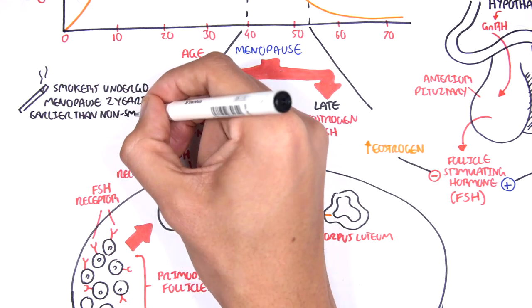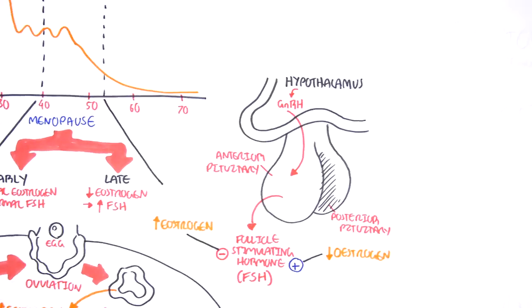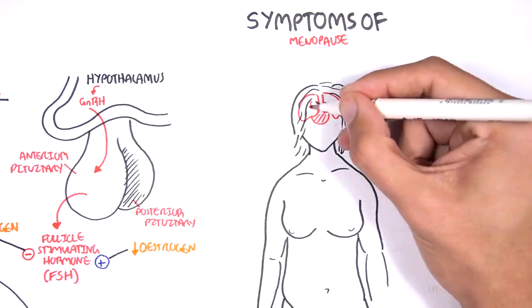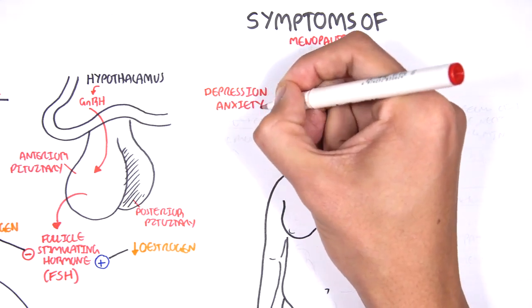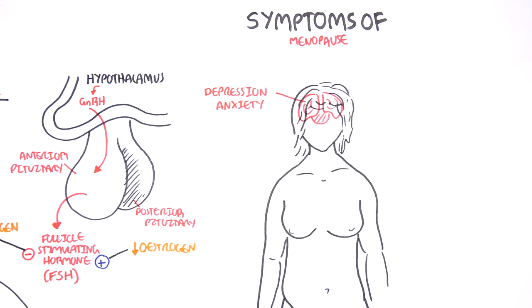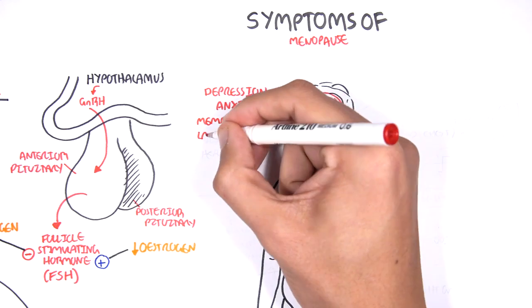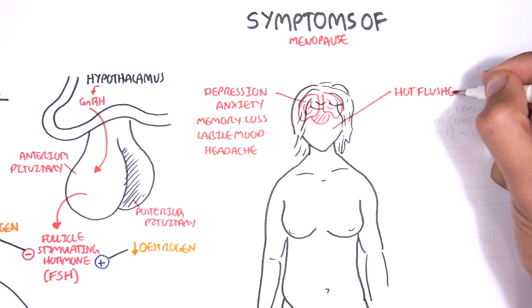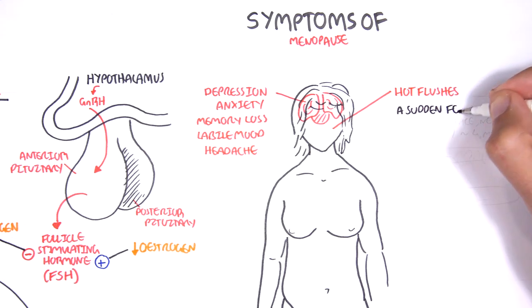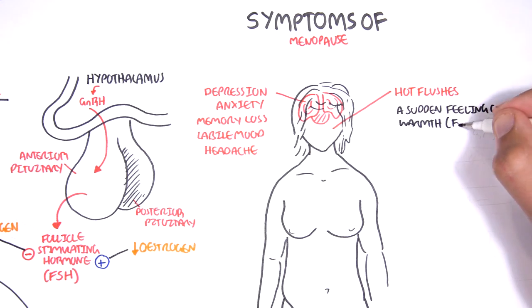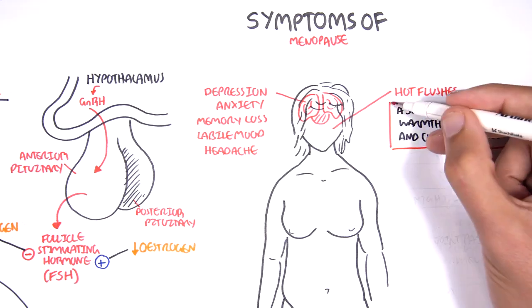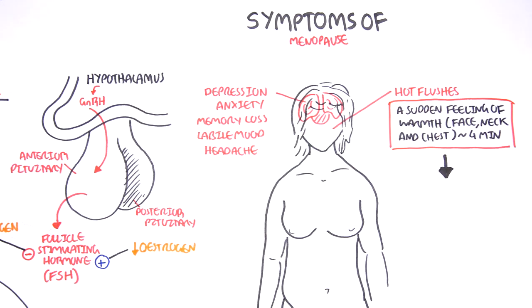Let us now look at some symptoms of menopause. So some neurological signs and symptoms include depression, anxiety, memory loss, labile mood, and headaches. Menopause also triggers hot flushes, which is where one experiences a sudden feeling of warmth in the face, neck, and chest area for about 4 minutes. And this can trigger night sweats.